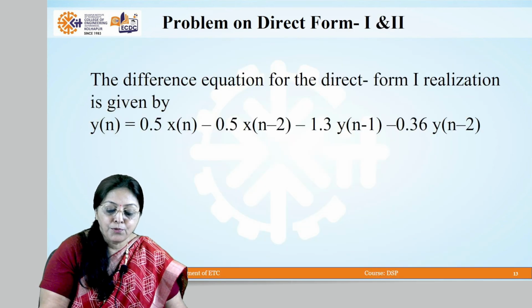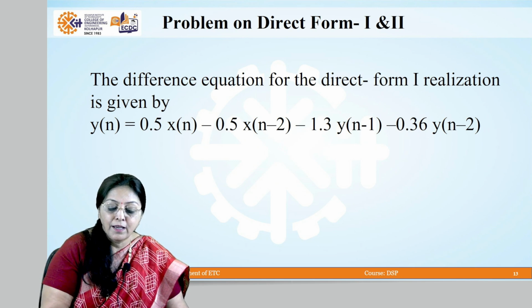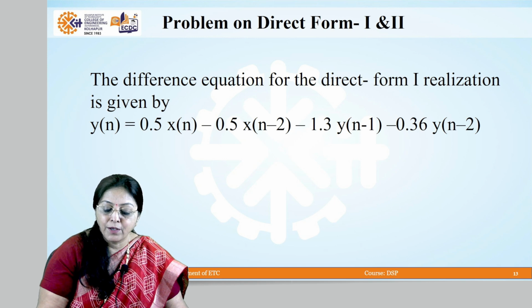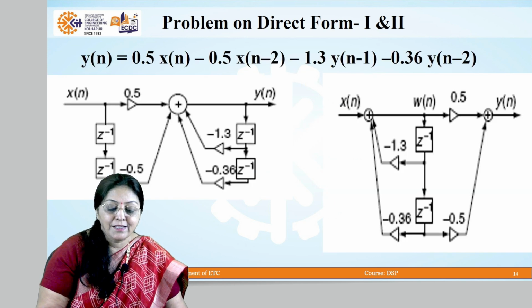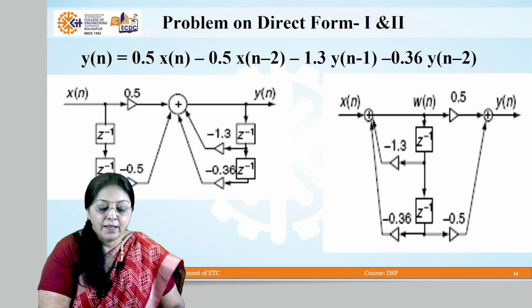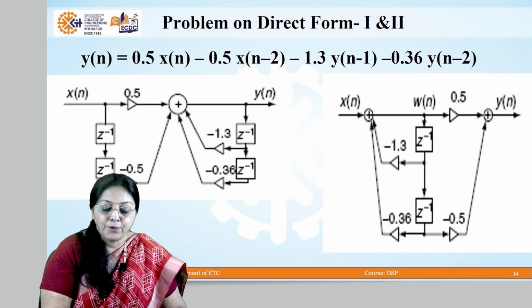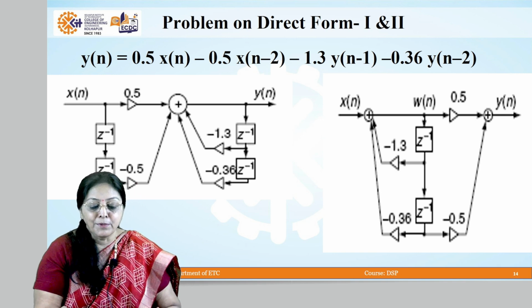Now we are going to focus on a difference equation for the direct form 1 realization that is given. This is the one difference equation given, with x of n minus 1, y of n minus 1, y of n minus 2 likewise, and we are going to realize it by direct form 1 and direct form 2. The whole equation is mentioned here. When you observe this one, x(n) and 0.5, these are two multipliers required, but the x of n minus 1 term is not there.